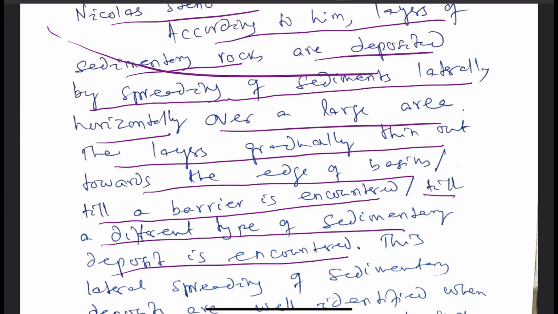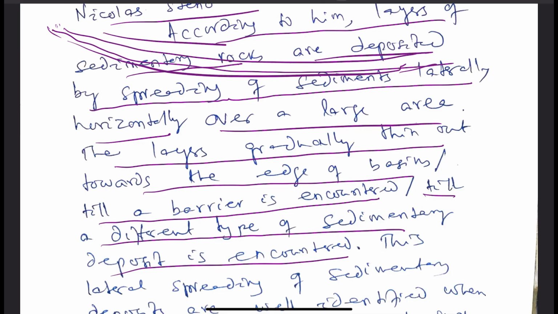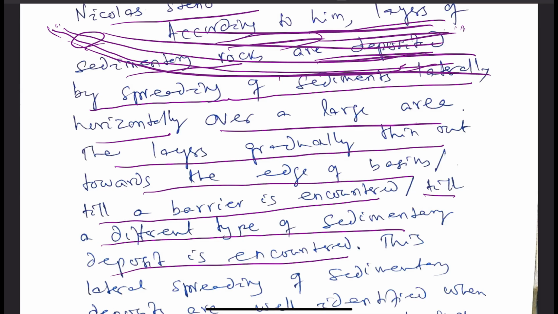Let us say this is a basin, so the sediments will be brought like this. It will be thinner here, thicker here. And generally, if they are not deformed, bottom layers are always older than the top layers, which are younger.